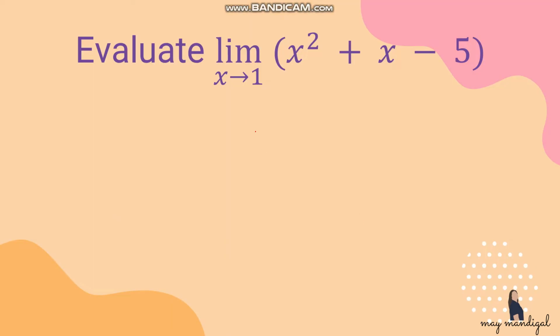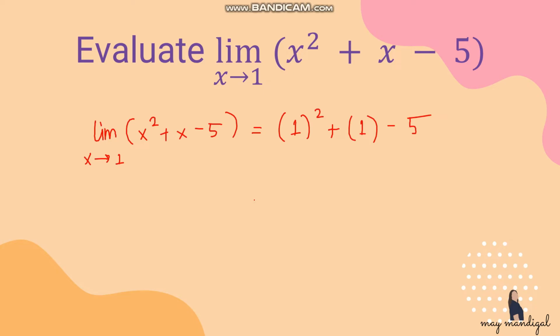Let's say we have to evaluate the limit of x squared plus x minus 5 as x approaches 1. As you notice, the given function is a polynomial function. Therefore, we can simply do direct substitution. So this will be 1 squared plus 1 minus 5.